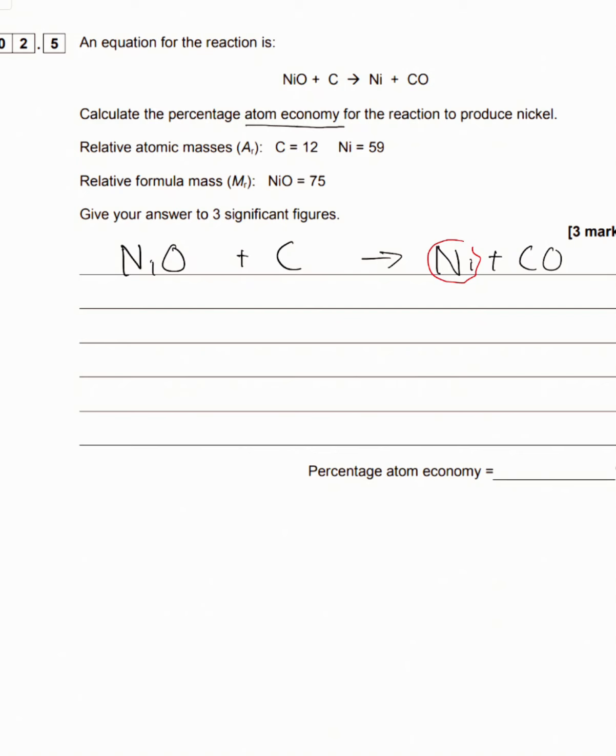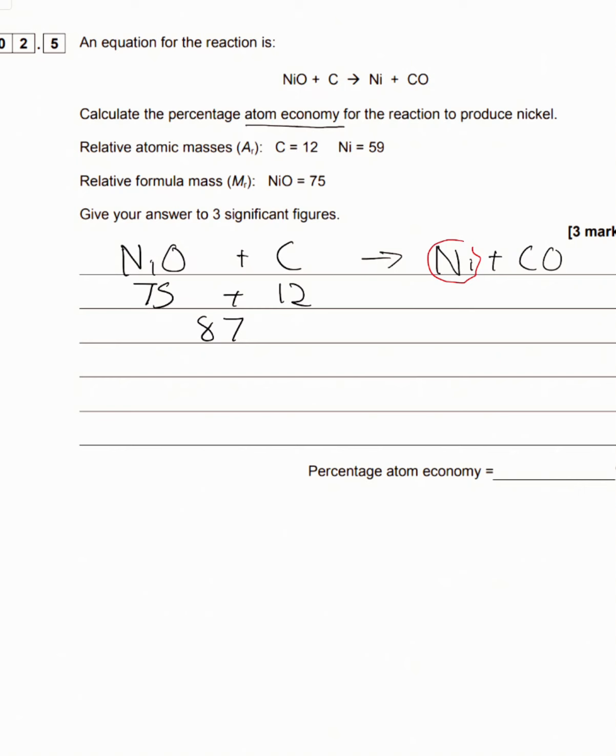So we start by working out the Mr of each of these compounds. And nickel oxide is 75. It's already told us that. We don't have to do that. So 75, and carbon is 12. So the total mass of the reactants is 75 plus 12, which is going to be 87.